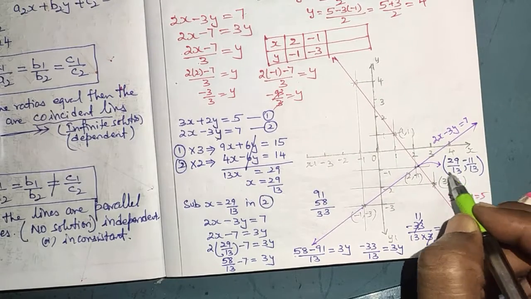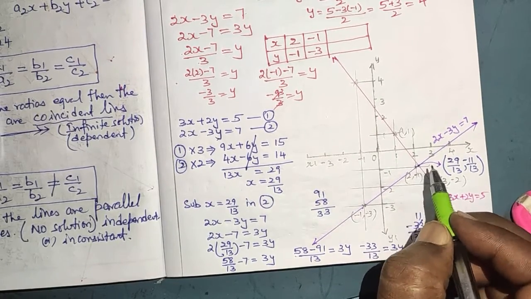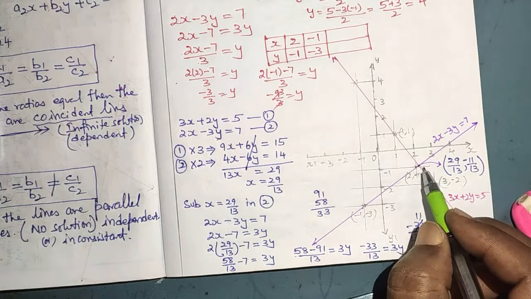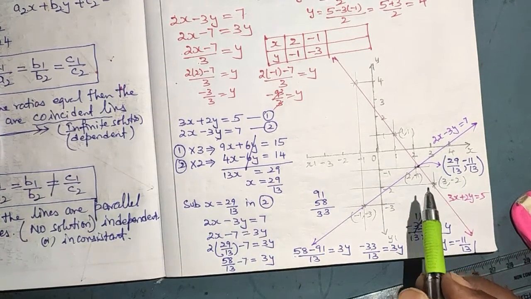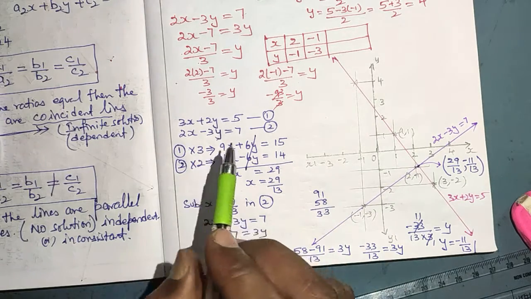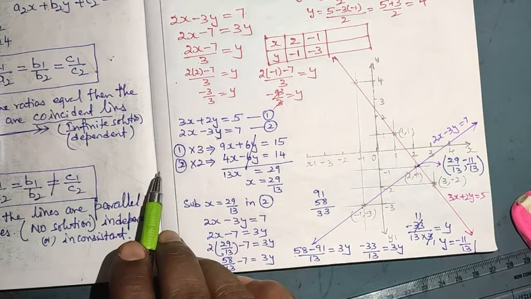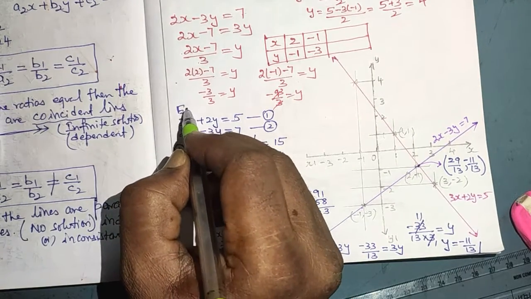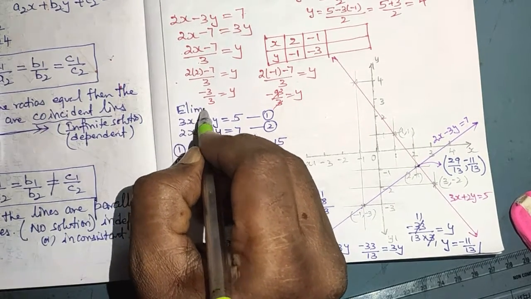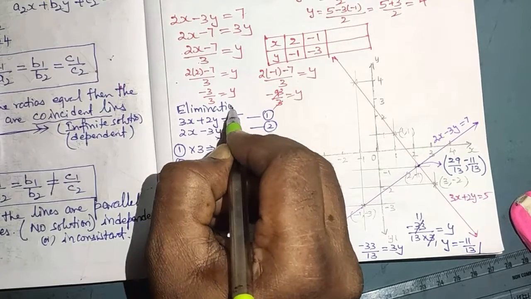So these fractions we cannot identify by graphical method. Therefore, after this exercise is over, we will solve the given simultaneous equations by substitution method or elimination method. Here I have used the elimination method.